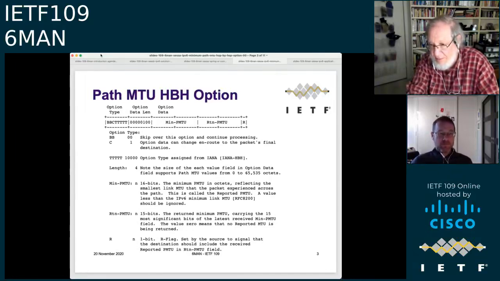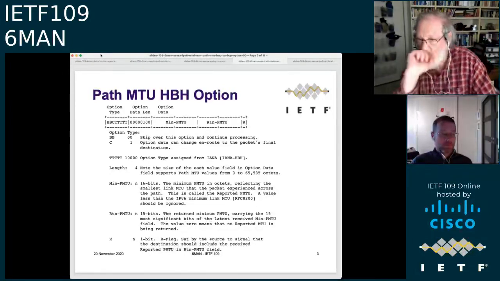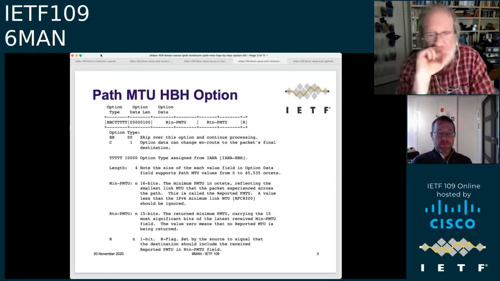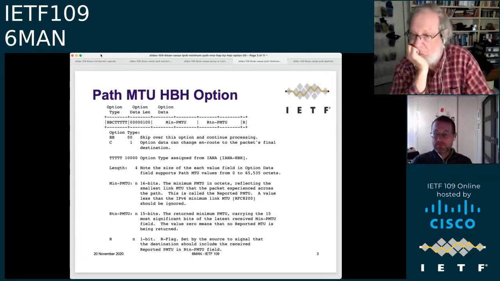We'd prefer you to update it, so the information here is about the minimum path MTU that you see, and the second field returns back what the other endpoint finally saw at the destination back to the source. So this is a fairly small piece of information, just 2 bytes, and it helps us a lot. Next slide.